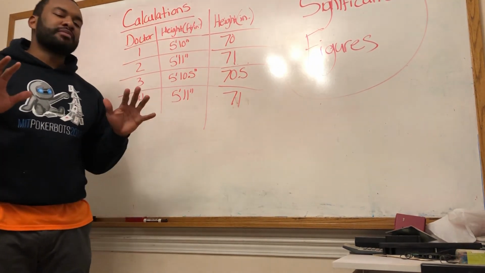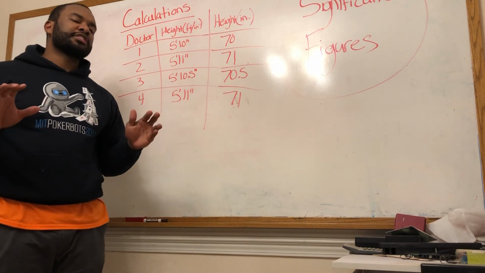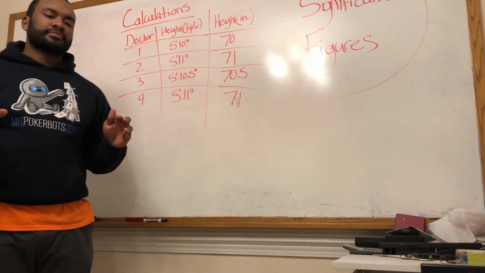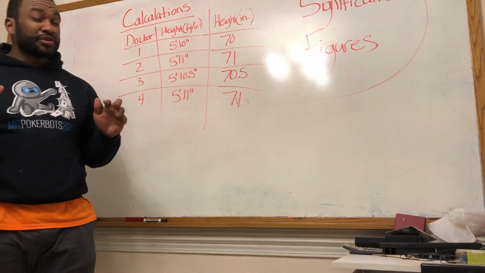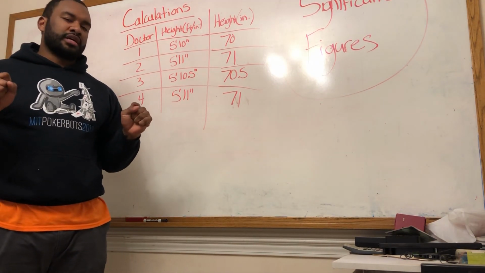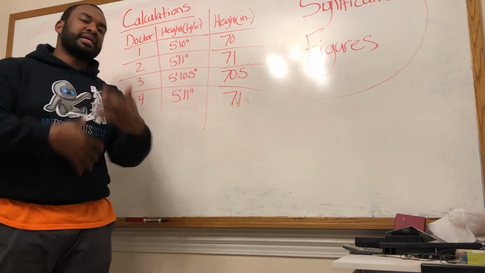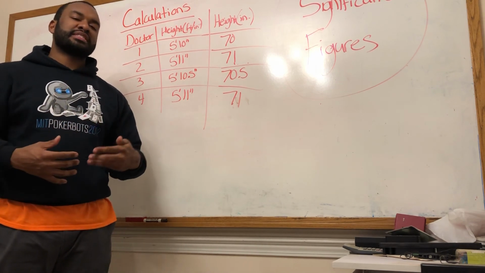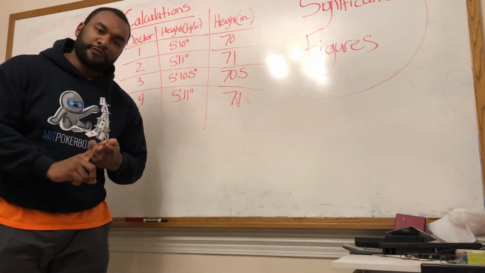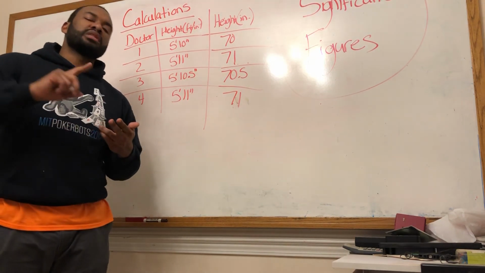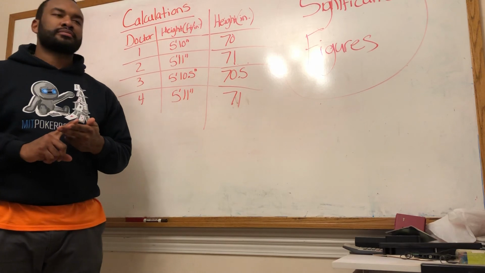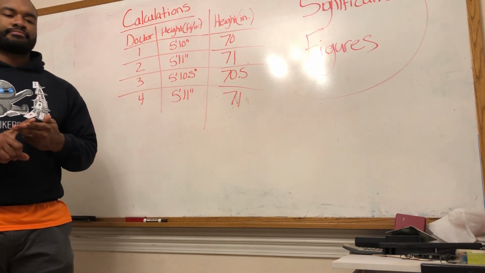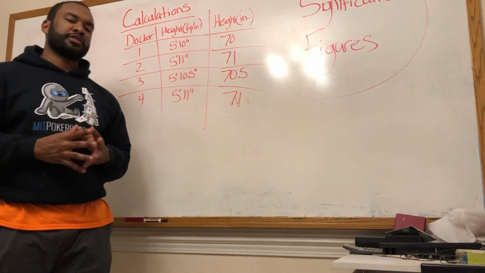The correct term is significant figures, but I also want to say that another way to verbalize this concept is to say important figures, or reliability of figures, or trustworthy figures.